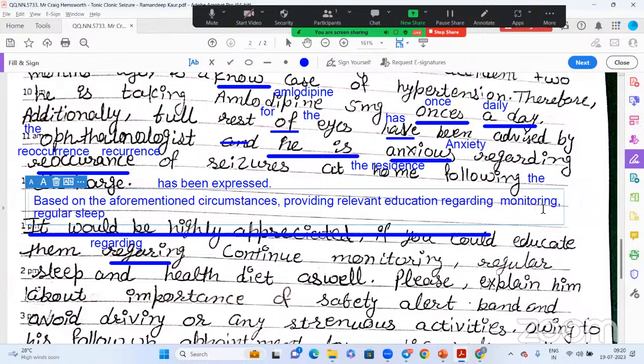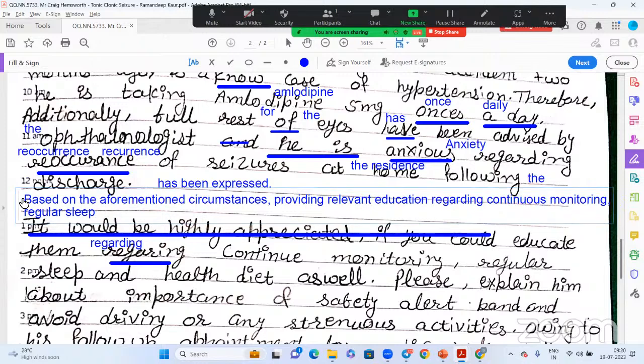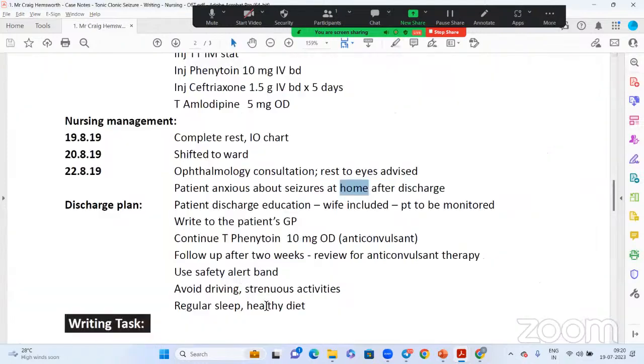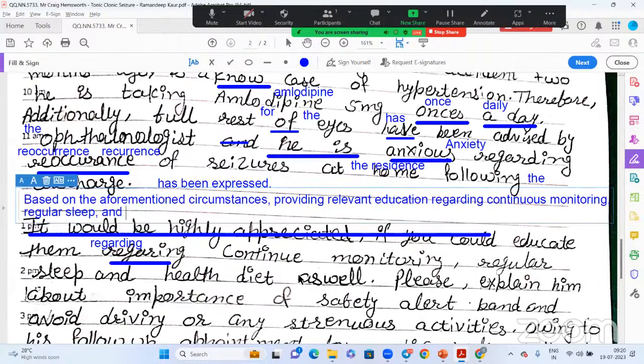Here we'll write continuous monitoring, regular sleep patterns, and healthy diet would be profoundly beneficial. That you can write.